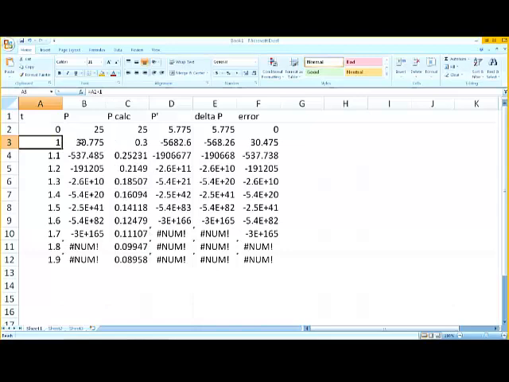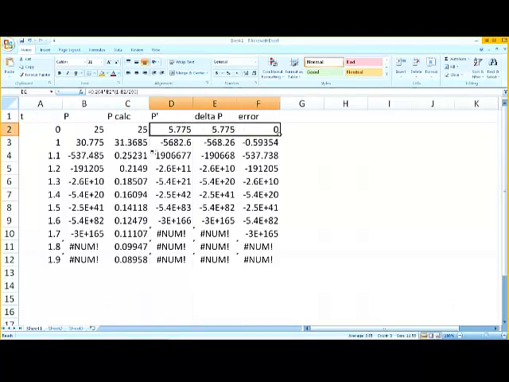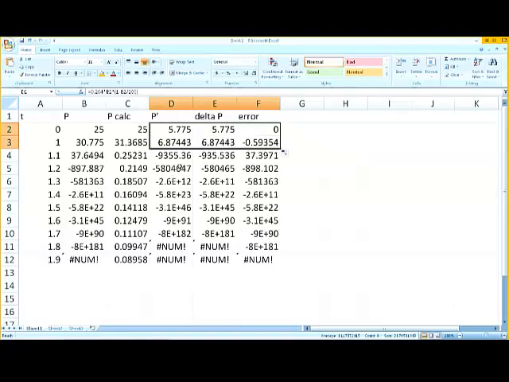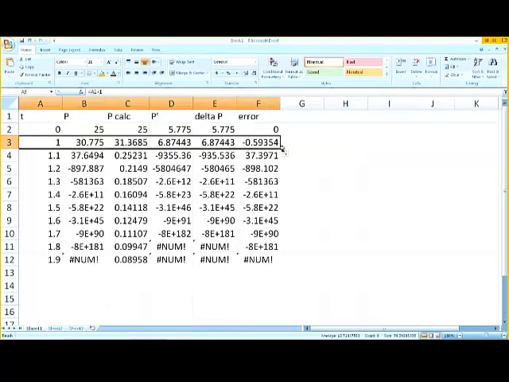Let's see, p is calculated by taking the old p plus the delta p. Calculation, I'm going to copy down. I copy down both of these equations, actually all three of those. And now what I should be able to do is just to copy this whole thing down.